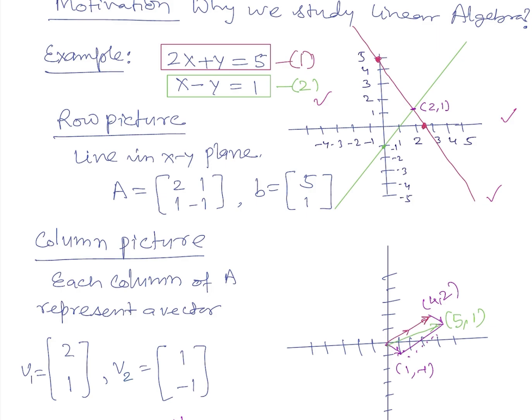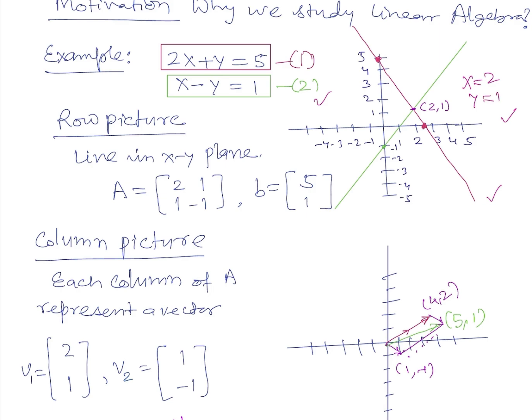They meet at one point, and that point is (2, 1). So it means that this system has solution x equal to 2 and y equal to 1, right?